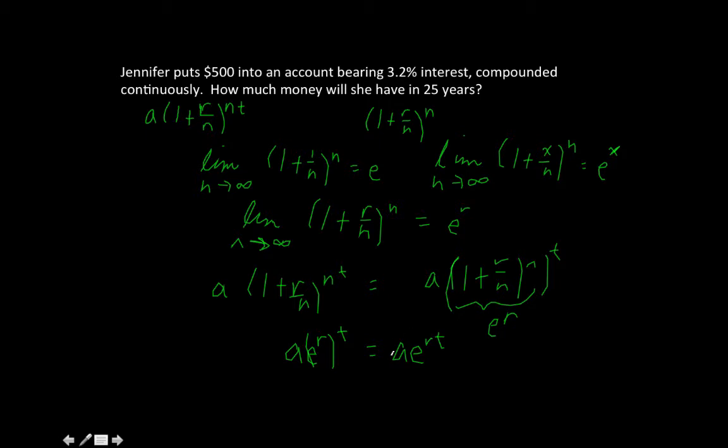And generally this is a P, and people memorize PERT. But for your purposes, I believe next year you'll still be using A. You will revert to the P as 11th graders, I should mention. But so A times e to the rt when it's continuously compounding.